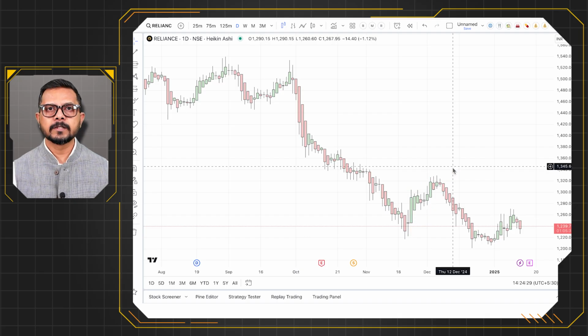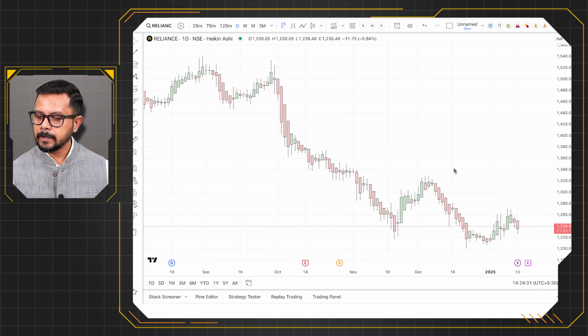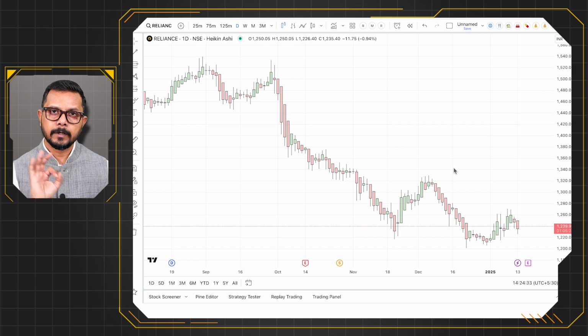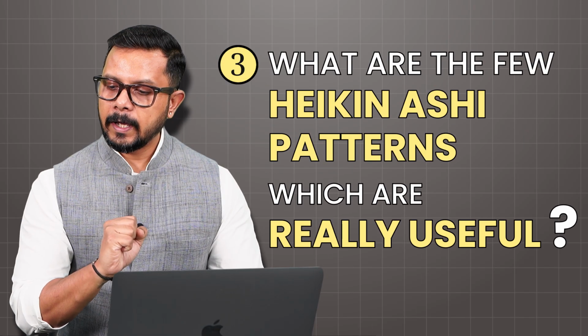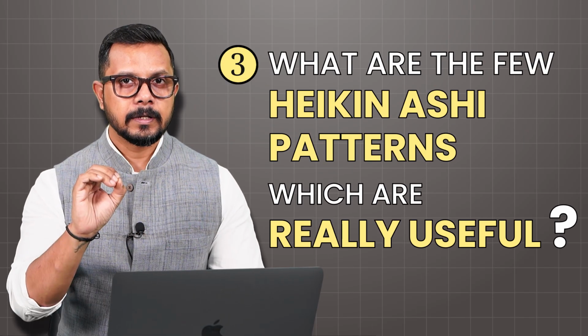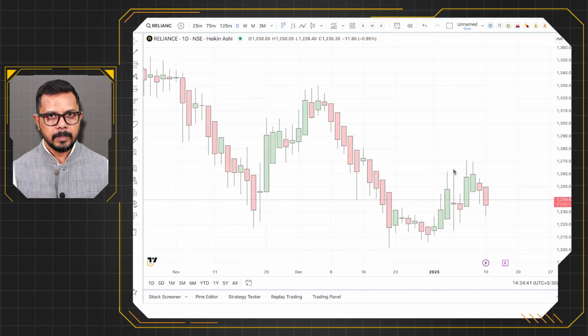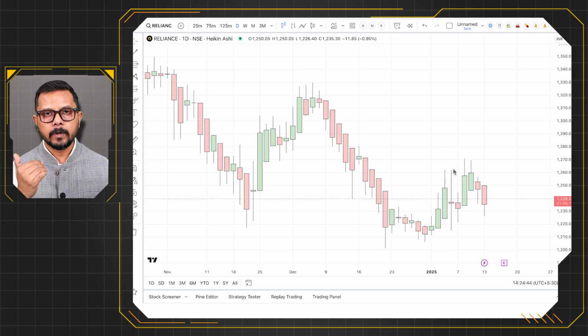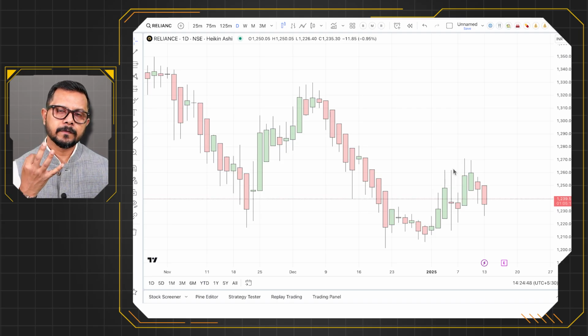But the major advantage of Heikin Ashi candles is what I have saved for you on my third pointer, which is, what are the few Heikin Ashi patterns which are really useful. Let me walk you through this. Listen to me carefully. The way I look at it, I can observe 3 different types of Heikin Ashi candles.